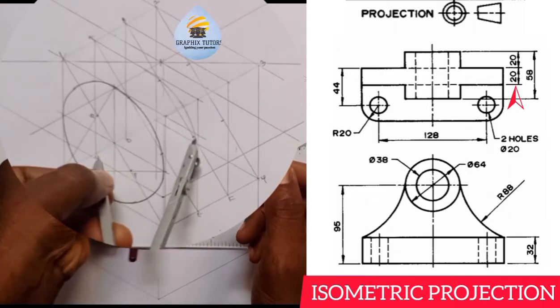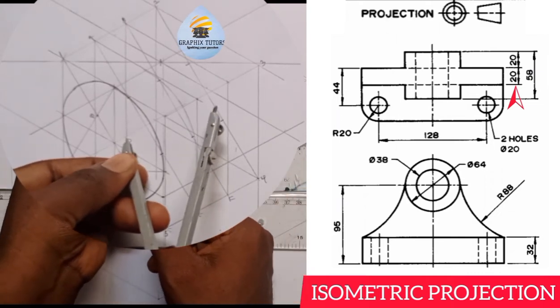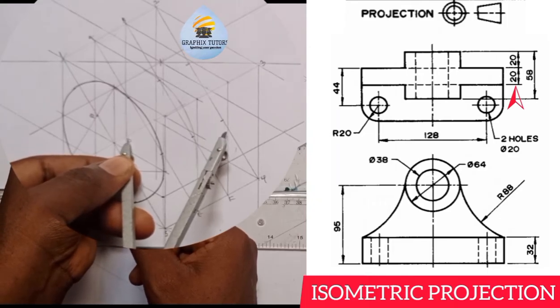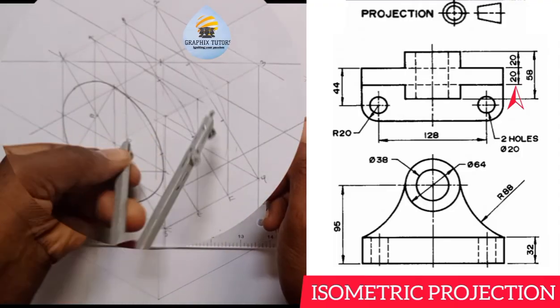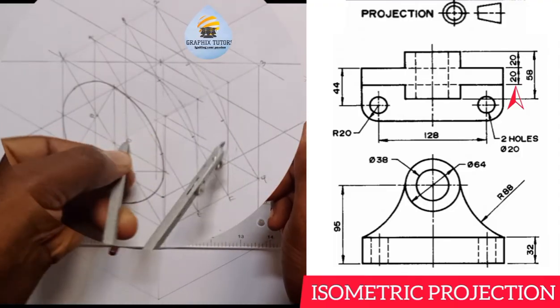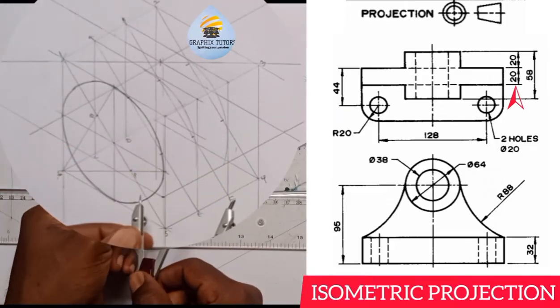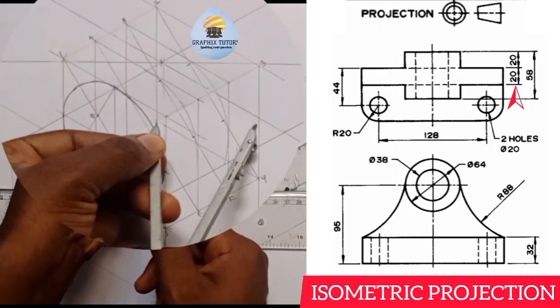Just a faint line first. Then go to D, you do the same thing too. Hope you are seeing that. Then you come to the next one here, to get the last one here.